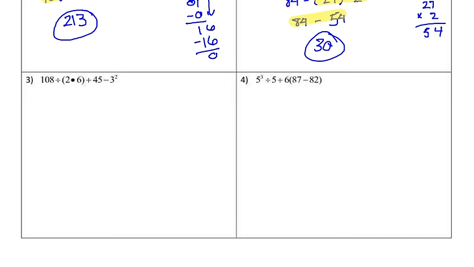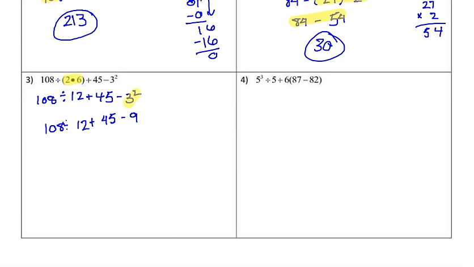So for number 3, your first step will be 2 times 6. 2 times 6 is 12. Divided by 108 out front. Plus 45 here. I have an exponent to solve. I'm going to solve this exponent here. 3 to the second power is 9. All that stuff has to go up front.